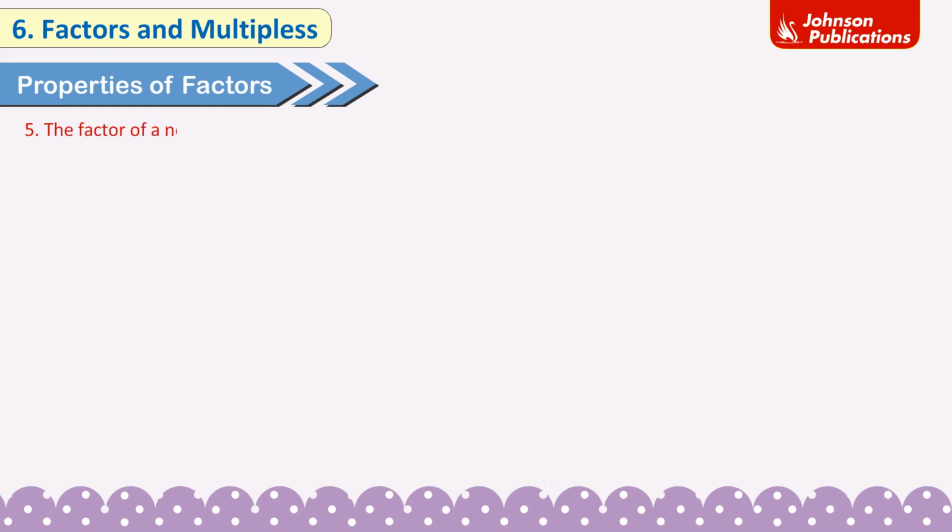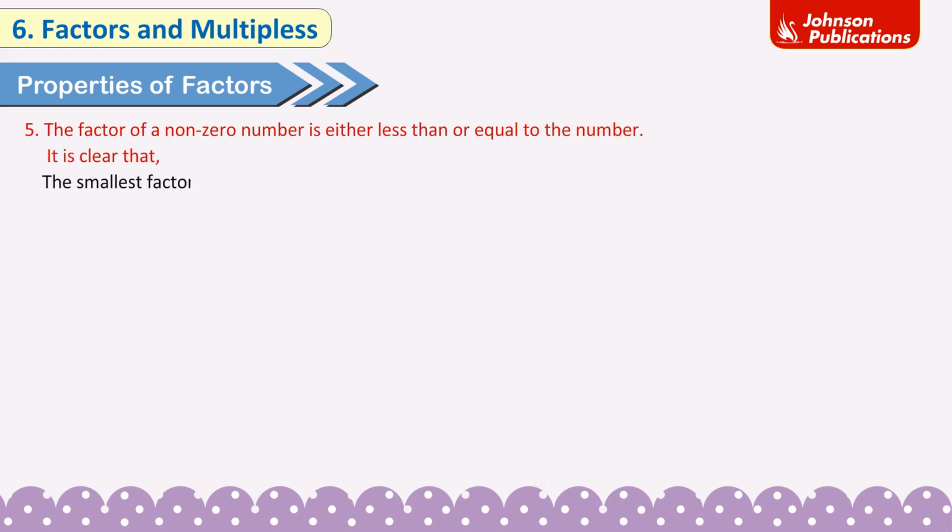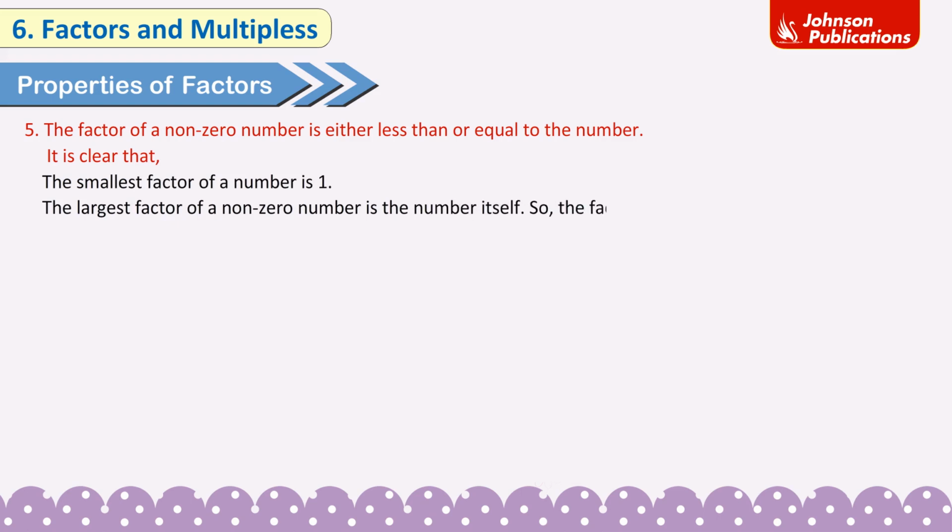The factor of a non-zero number is either less than or equal to the number. It is clear that the smallest factor of a number is 1. The largest factor of a non-zero number is the number itself. So, the factor of a non-zero number is either less than or equal to the number.